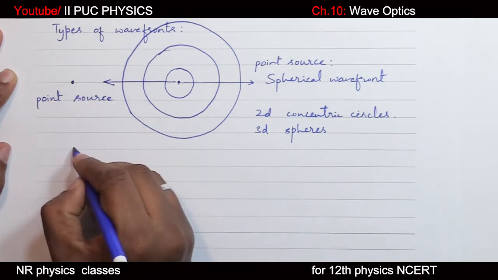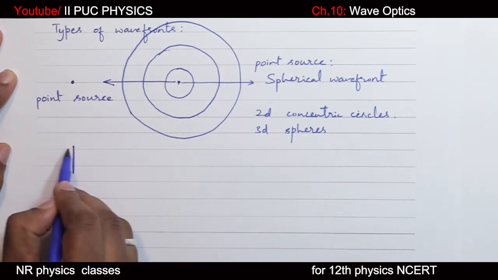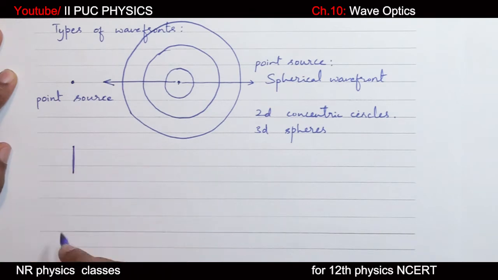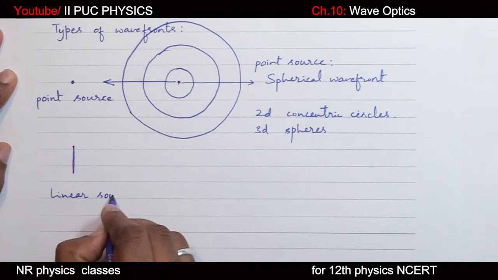Now, due to a linear source. If this is a linear source, it means the width of this source should be very small compared to its length. This is called a linear source.